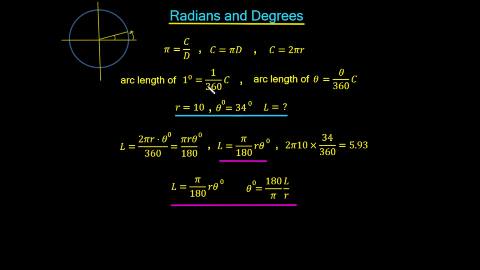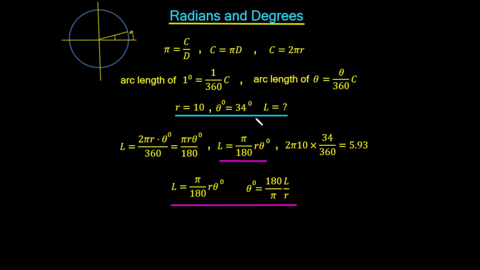Now if we were to do that for any random angle, theta degrees, then we're going to have theta upon 360 times this circumference. So let's look at the example below. Let's say r is equal to 10, and the angle theta we're interested in is 34 degrees.